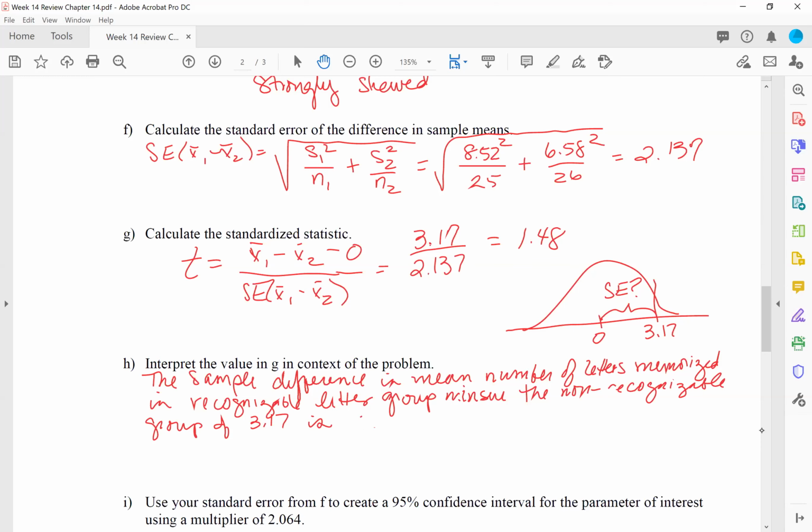I got to write the right value. The 1.48, that's my standardized statistic. Would it be above 0 or below 0? Above. Yeah, because this value is positive.